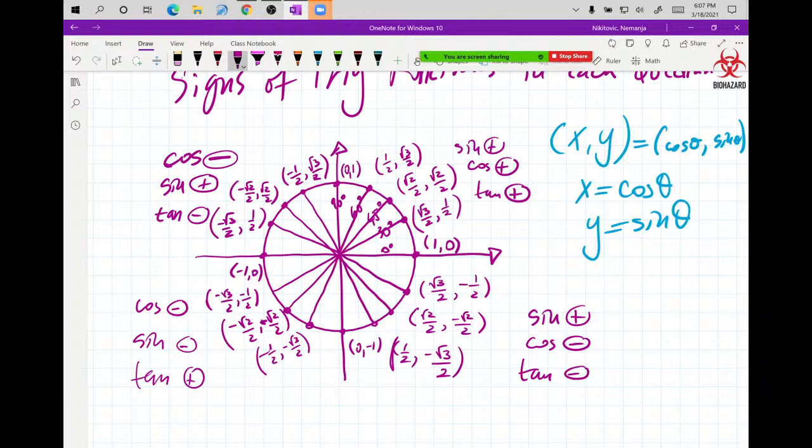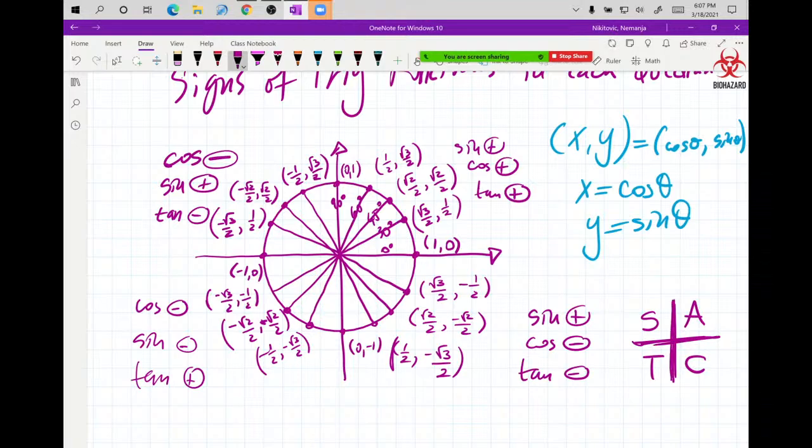Now, we will see why in literally 5 minutes. We'll see why this is very important. But I first want to teach you how to remember these signs instead of memorizing the whole chart of these pluses and minuses and so on. People generally remember this. All students take calculus.